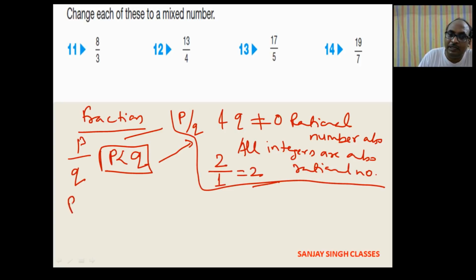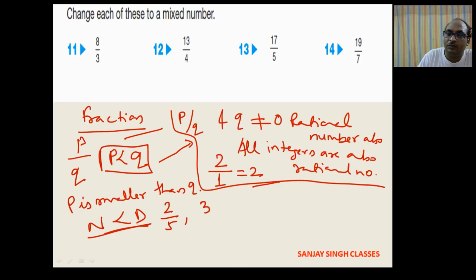P smaller than Q means the numerator is always smaller than the denominator in a fraction. Examples: 2 by 5, 3 by 8, 3 by 5, 6 by 18 also we can write, no problem. It will become 1 by 3, or 6 by 19.